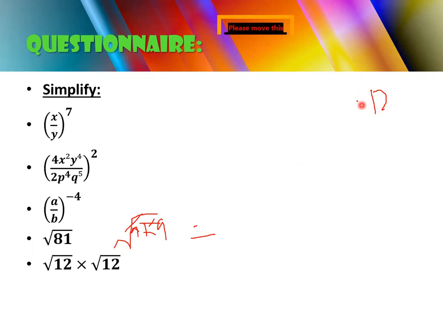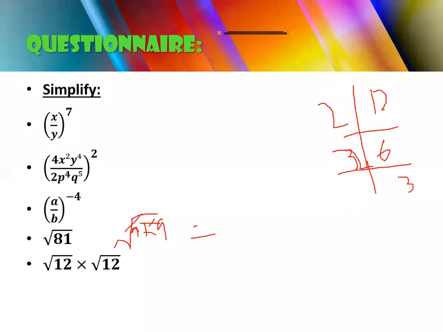Simply take the LCM of 12. 2 multiplied by 6 is 12. 2 multiplied by 3 is, sorry, 6.